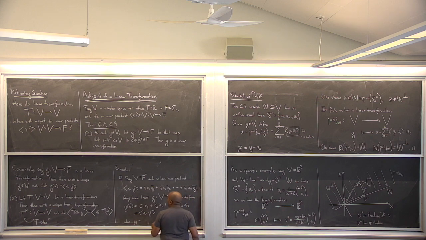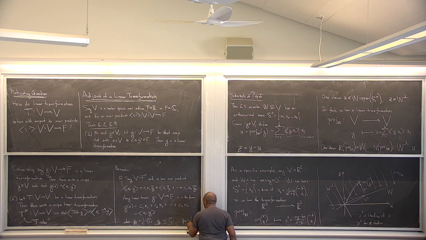So this here would just look like, let's say here, y1 is 1 over r1 times the conjugate of c1, y2 looks like 1 over r2 times the conjugate of c2, and then yn here looks like 1 over rn times the conjugate of cn. So again, if I have a linear transformation, then I know exactly what it looks like here because I can tell you exactly what y is.